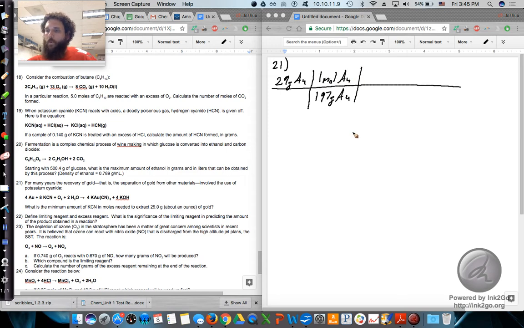Now we can go through a mole ratio step. This is going to be a 4:8 ratio. So we have 4 moles of gold, 8 moles of potassium cyanide, 1 mole of it.